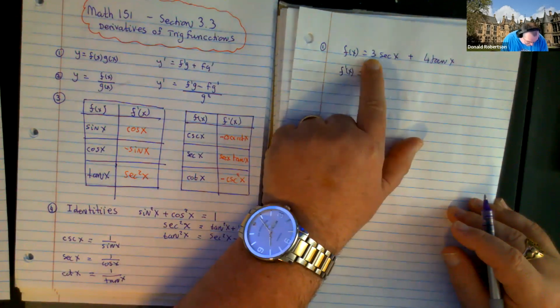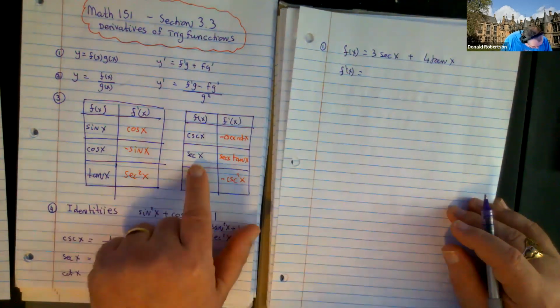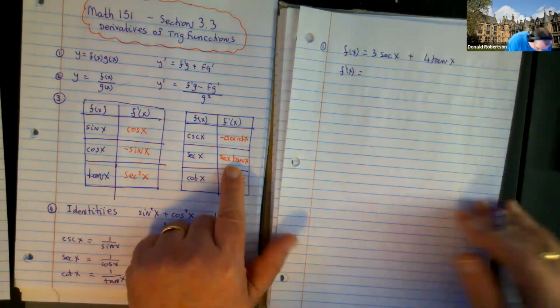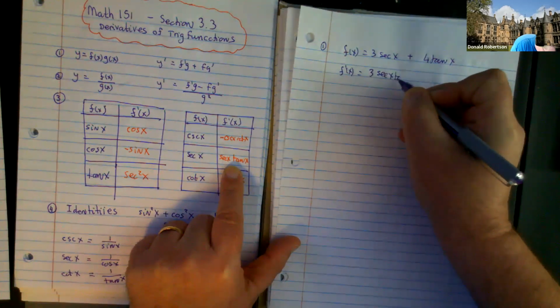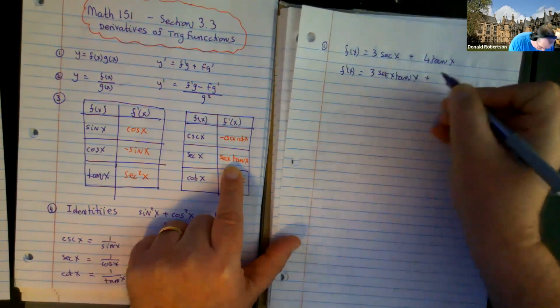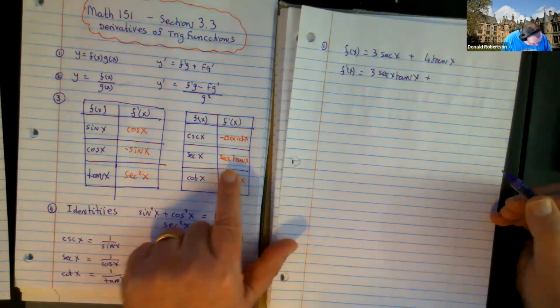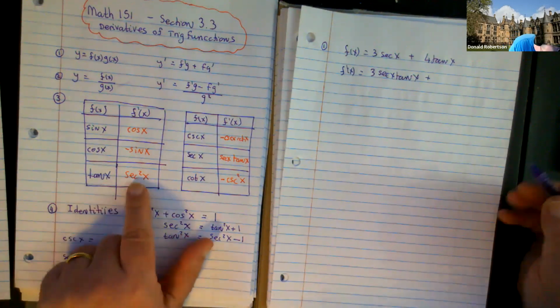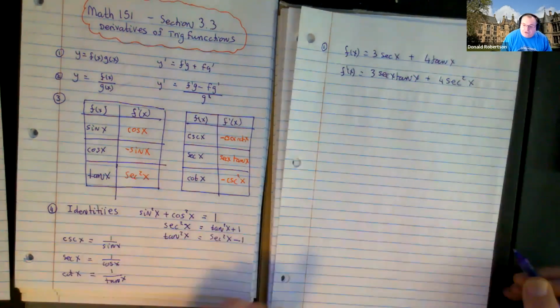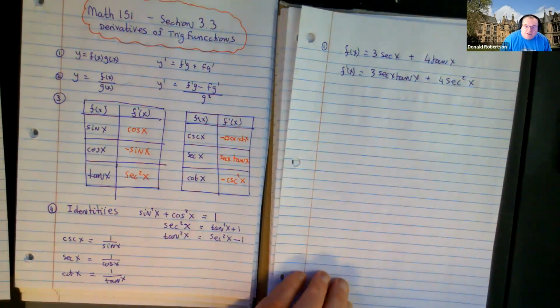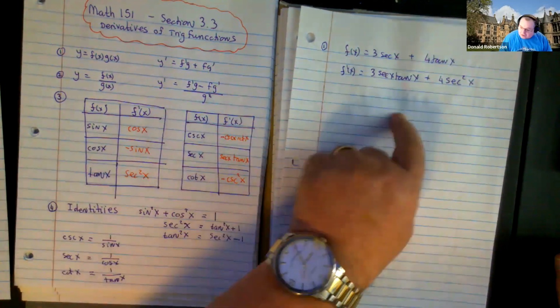If you want to differentiate 3 secants, you find out what the derivative of a secant is, so you will get 3 secant x tan x. And if you want to differentiate 4 tangents, the derivative of a tangent is secant squared, so you get that. Are you comfortable with that? It's just a matter of plug and chug, right?